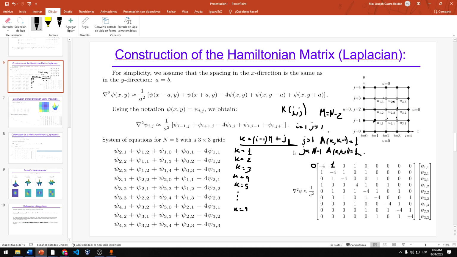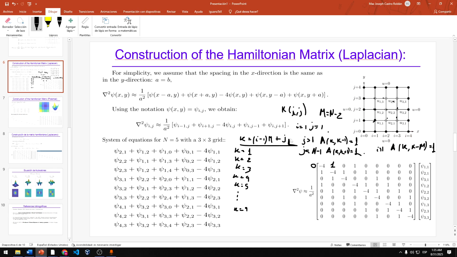Ahora, si I es mayor a 1, lo mismo con I: A sub K, K menos M, donde M es el número de nodos internos, va a ser igual a 1.